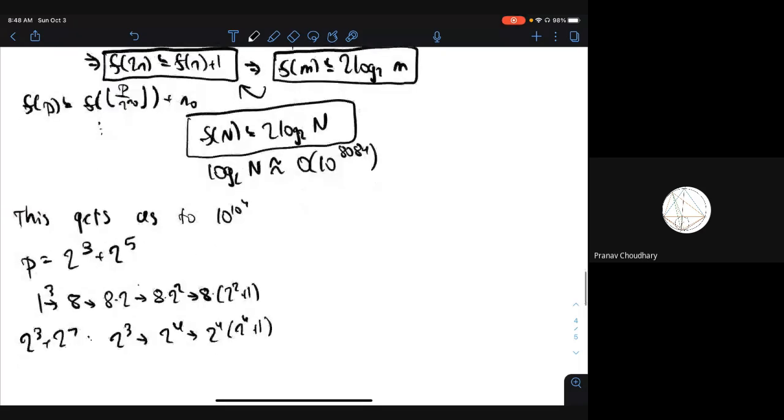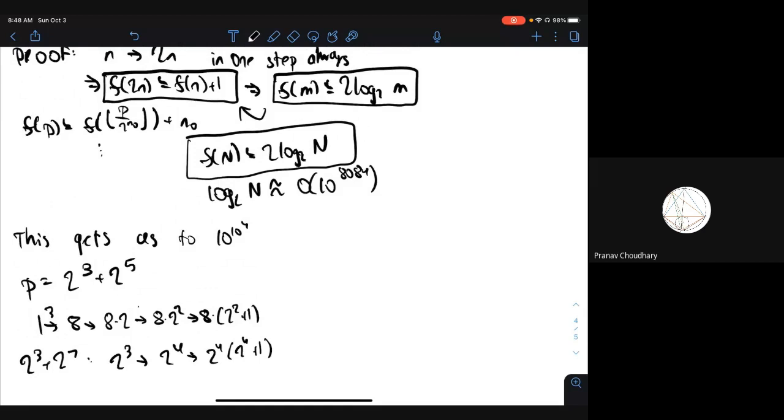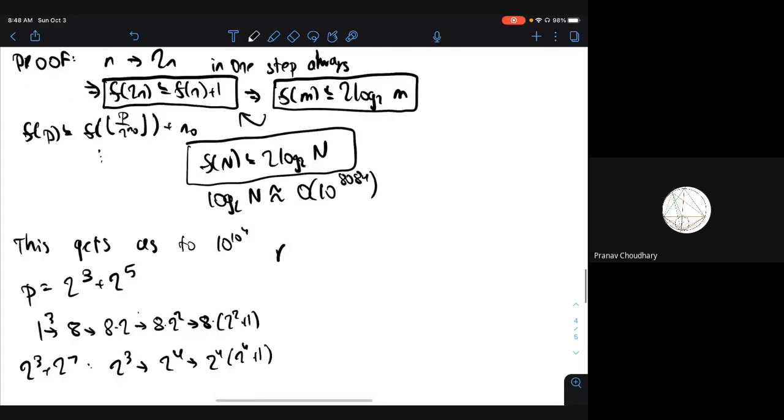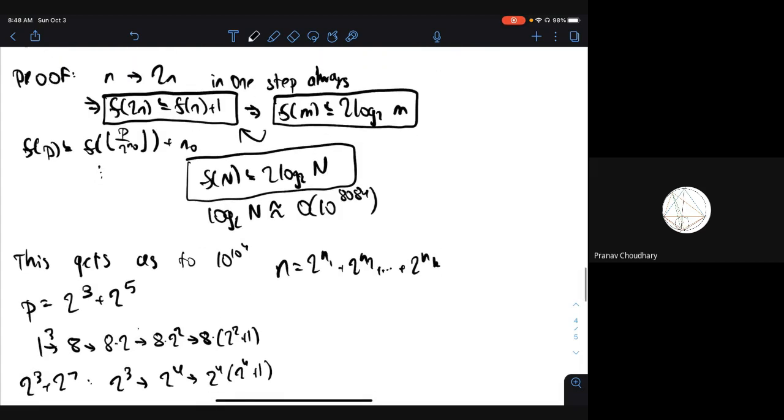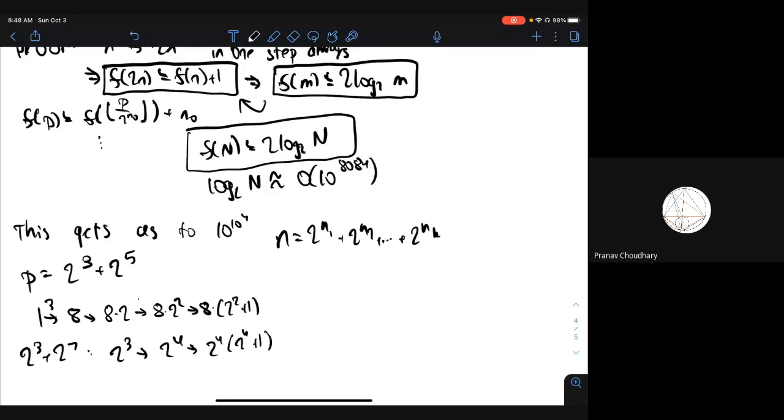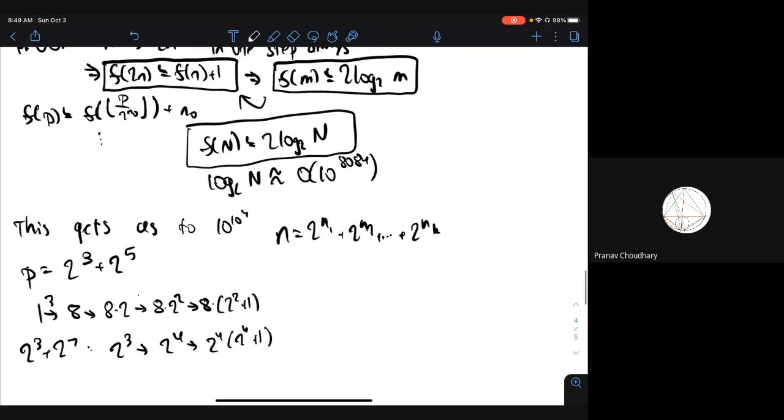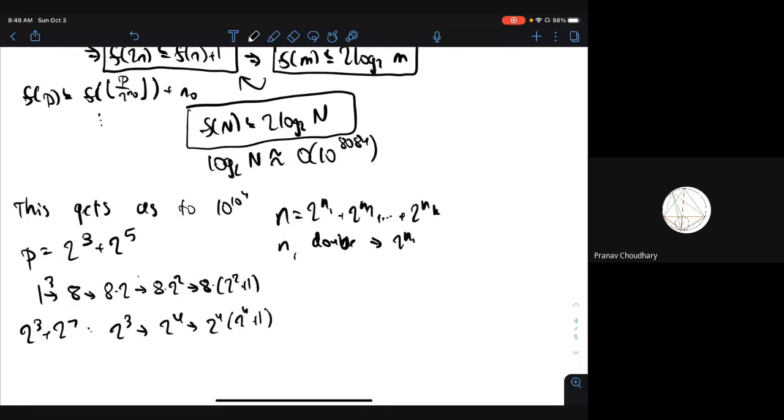But, basically, to get this inequality that f of m is less than or equal to 2 log 2 of m, if we just say that m equals 2 to the n1 plus 2 to the n2 plus, up to 2 to the nk for some k, then we first need to build up to 2 to the n1, so that takes n1 steps to double.